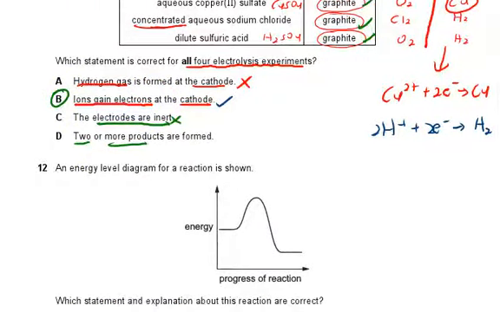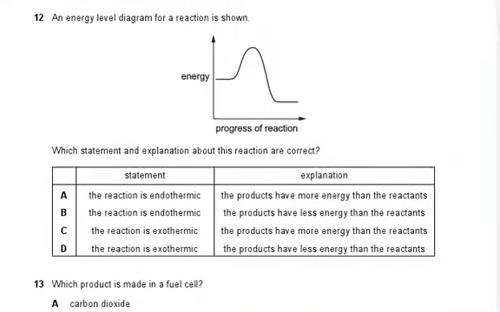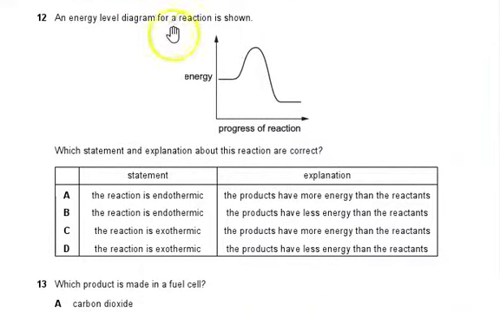Okay, now we look at number 12. An energy diagram for a reaction is shown. This is the energy, and the energy is going down. So this is your energy released. Energy released, so it should be exothermic.